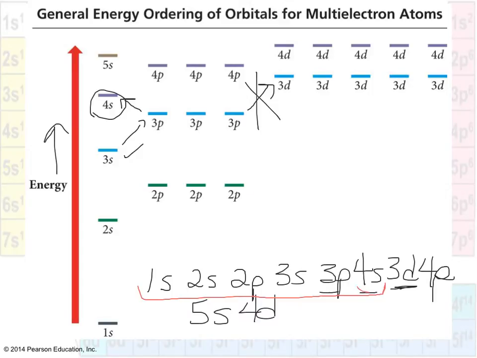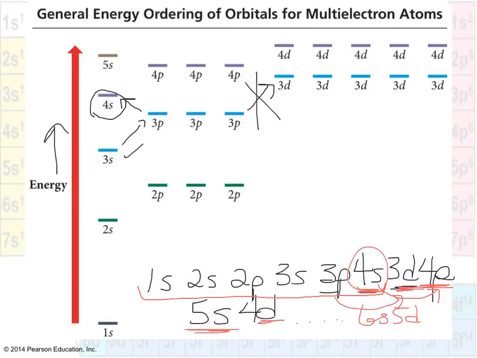Then you just have to remember that after every higher level s sublevel comes a d. Once you stick the d level in, you go back to the higher energy level 4p. That happens at every level, so you have 5s, 4d. You would also end up with 6s, 5d, and then 7s, 6d.